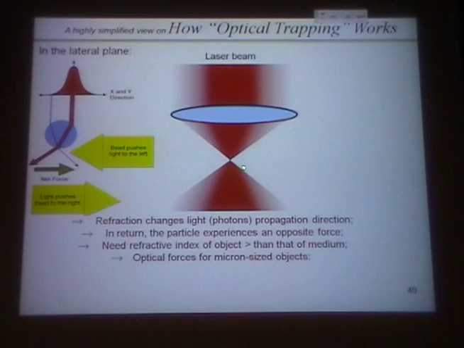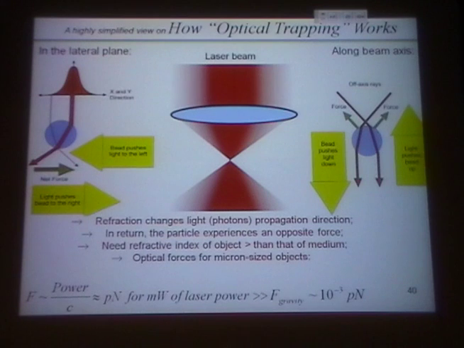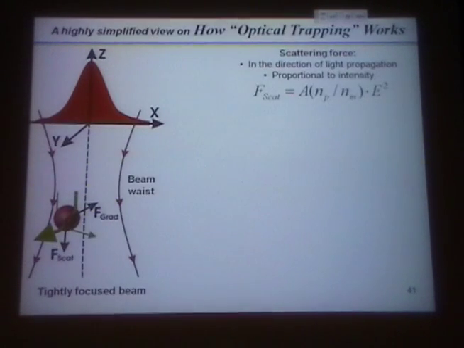When we tightly focus laser light, we can use optical gradient forces to localize colloidal particles or other inclusions in the region of the tightly focused laser beam. Then, by moving the focused laser beam, we can manipulate liquid crystal defects and colloids.